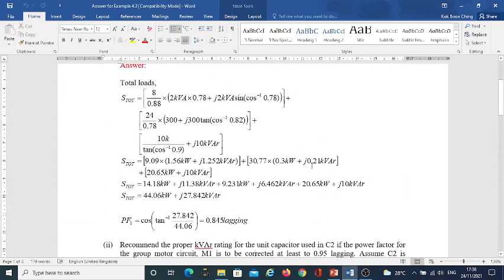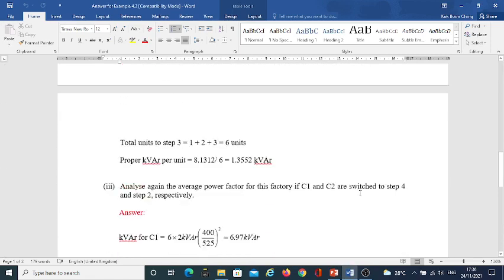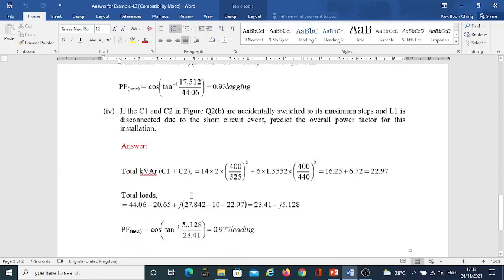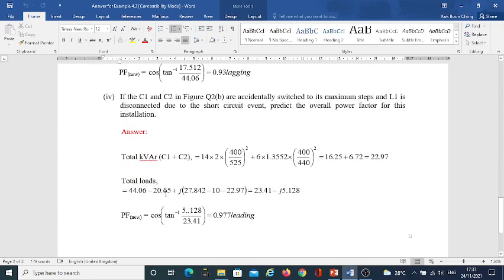So 20.65 is for the P, and 10 is from L1, and 22.97 is our power factor corrector, C1 plus C2. So in total we now have minus 5.